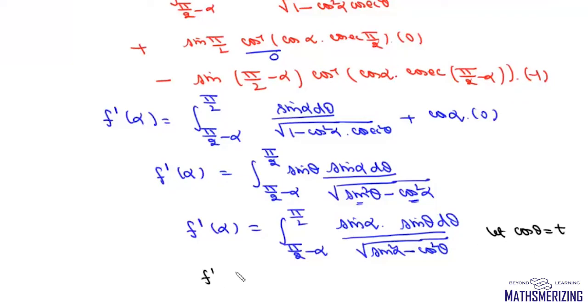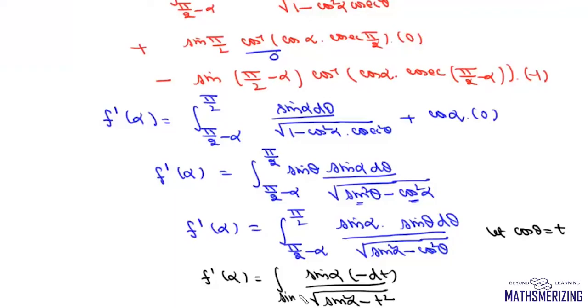Now we take cos theta as t, so minus sin theta d theta will be dt. So we can write f dash alpha is sin alpha into minus dt upon under root of sin square alpha minus t square, and then for the lower limit, if we put theta as pi by 2 minus alpha, it will be simply sin alpha, and then cos 90 is 0.